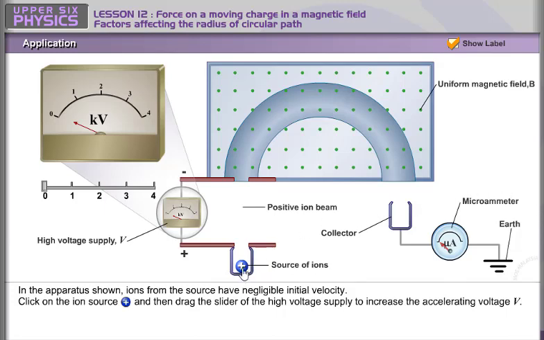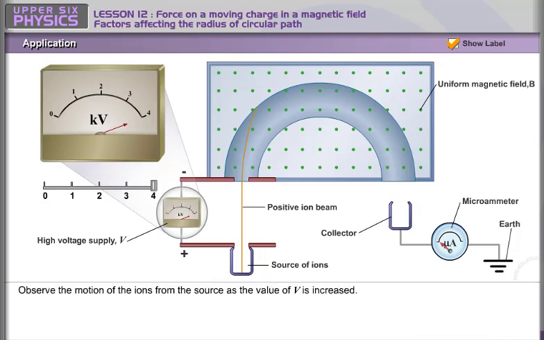Click on the ion source and then drag the slider of the high voltage supply to increase the accelerating voltage V. Observe the motion of the ions from the source as the value of V is increased.